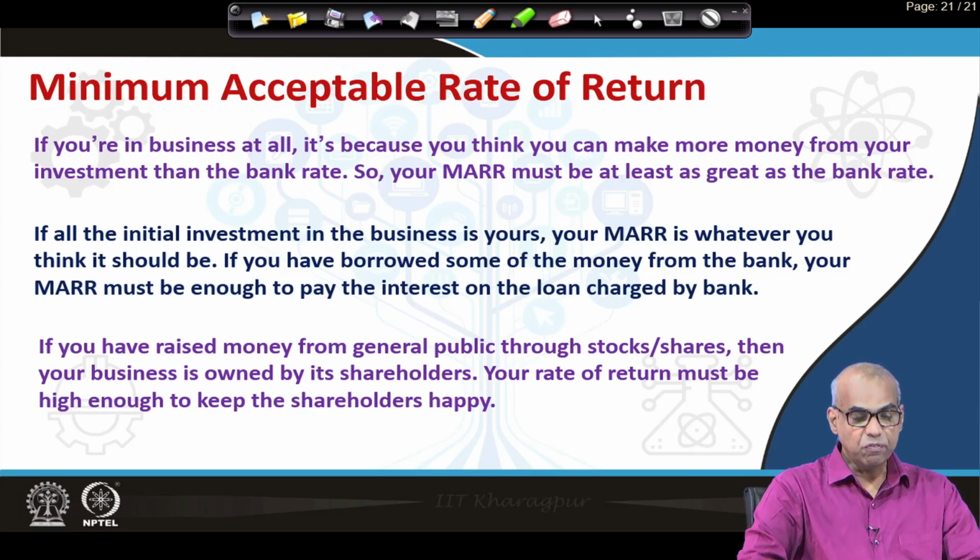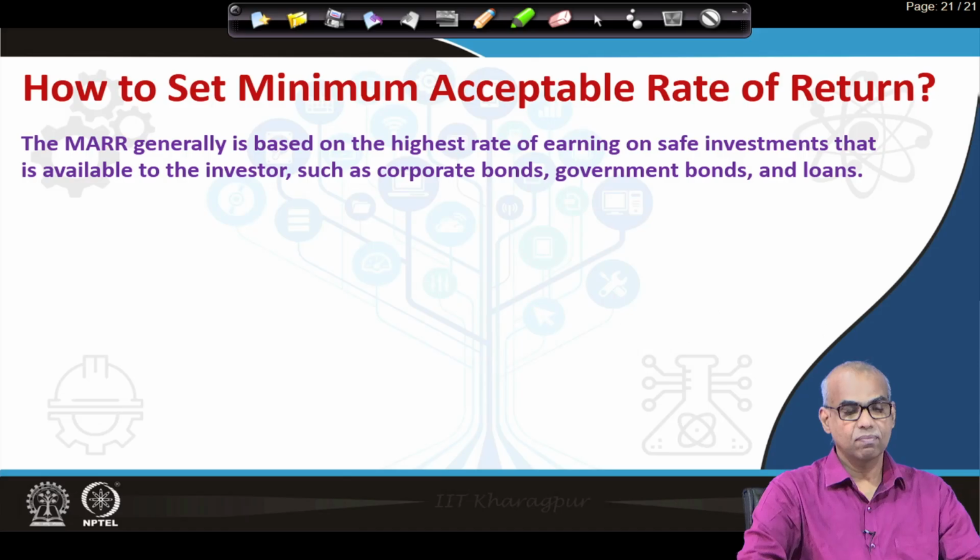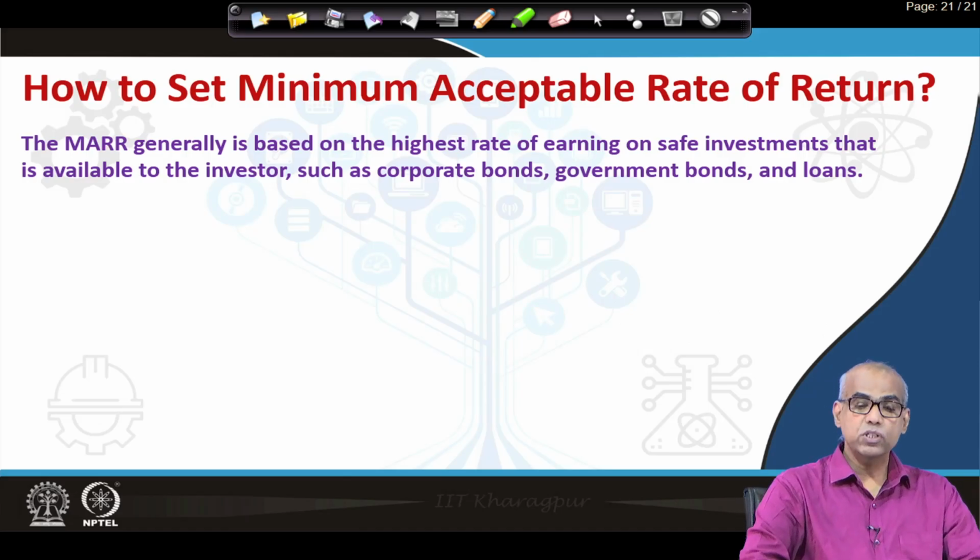Also, if you have raised money from general public by release of stocks or shares, then your business is owned partly by its shareholders. So, your rate of return must be high enough to keep your shareholders happy. So, how do you set minimum acceptable rate of return?